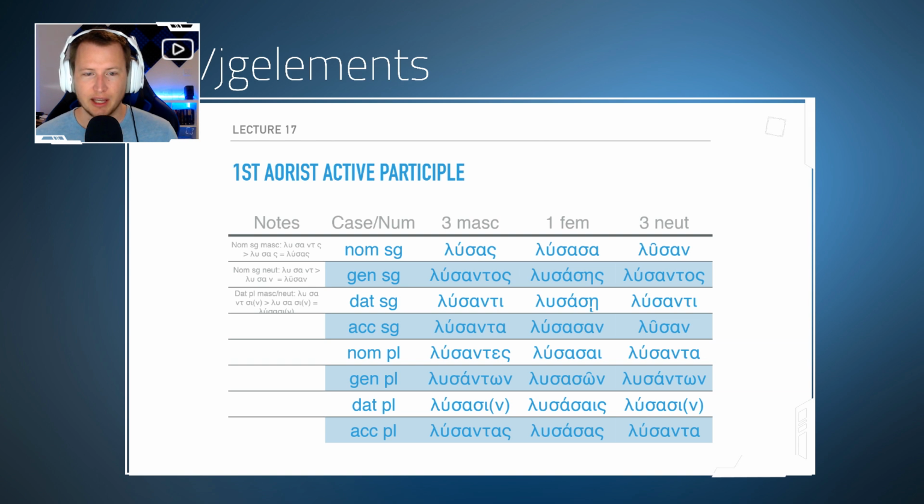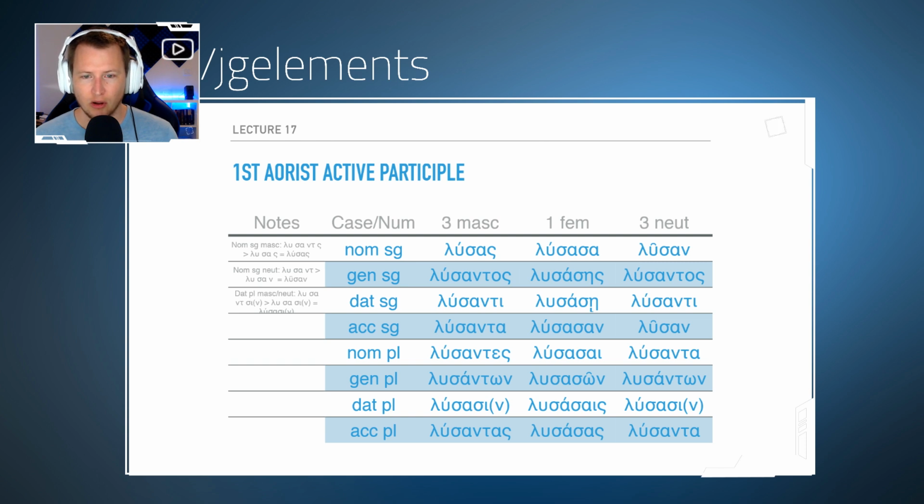However, it's retained in everything else except for the dative plural, because typically whatever happens in the nominative singular happens also in the dative plural for the masculine and neuter. So you can see lusas, lusantos, lusanti, lusanta, lusantes, lusanton, lusasin, lusantas, right?